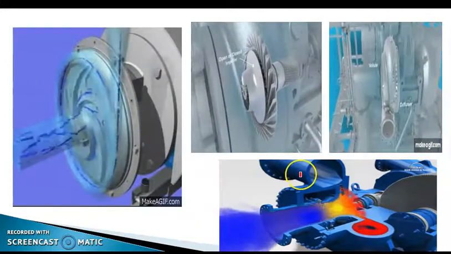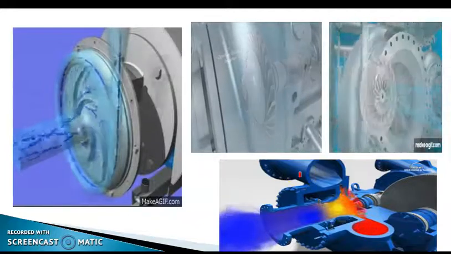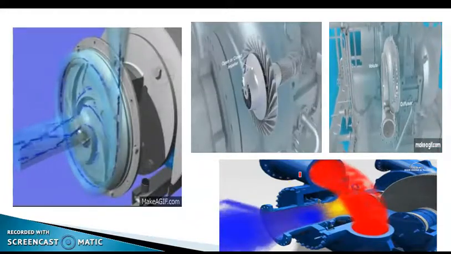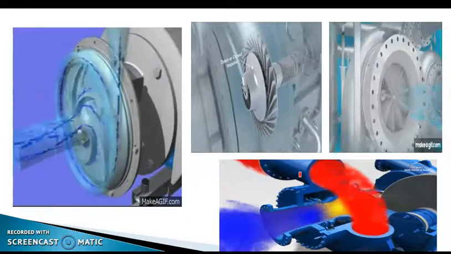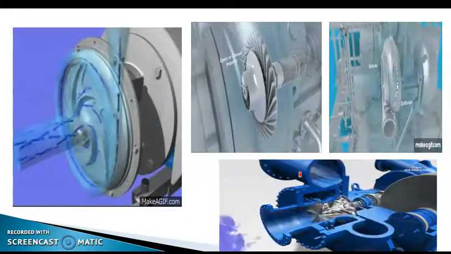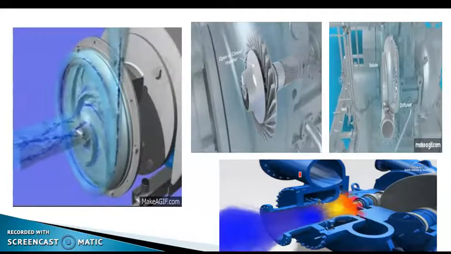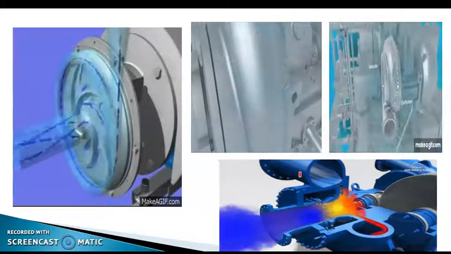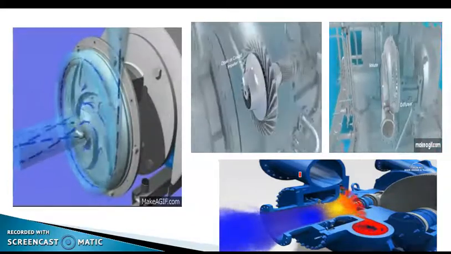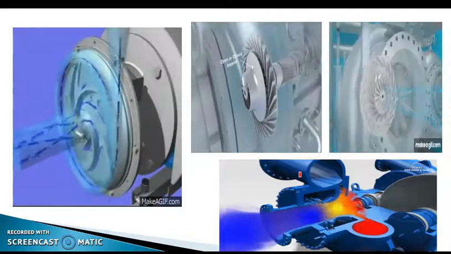The impeller draws the low pressure vapor refrigerant from the evaporator. When the impeller rotates, it pushes the vapor refrigerant from the center of the impeller to its periphery by the help of centrifugal force.